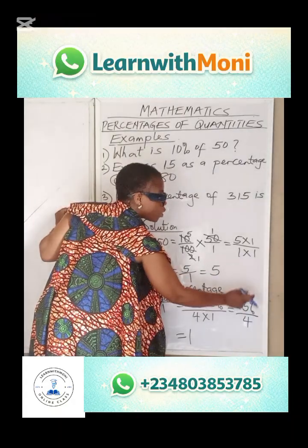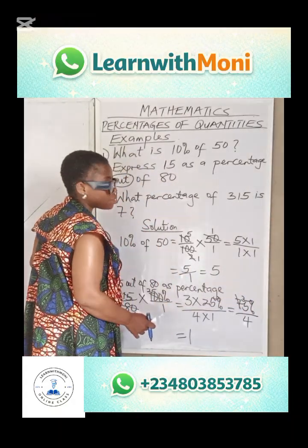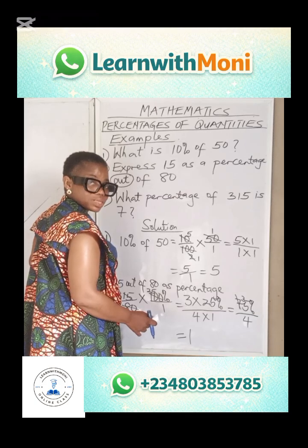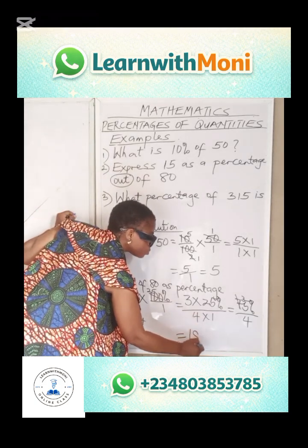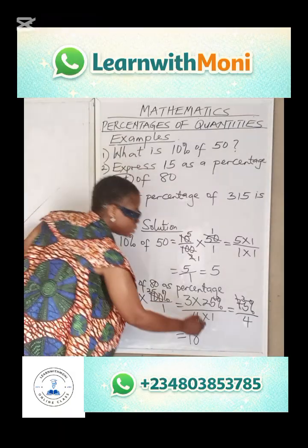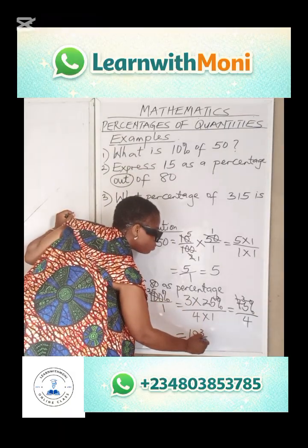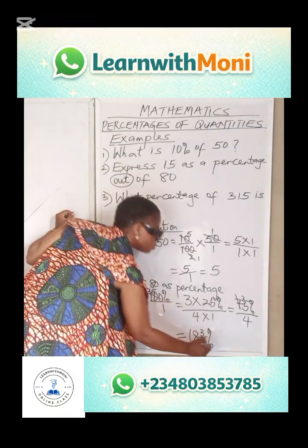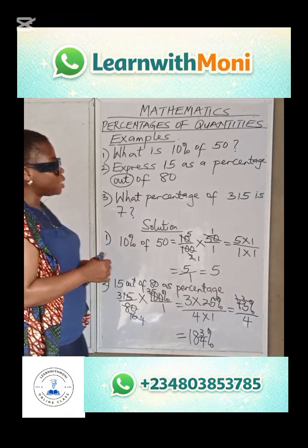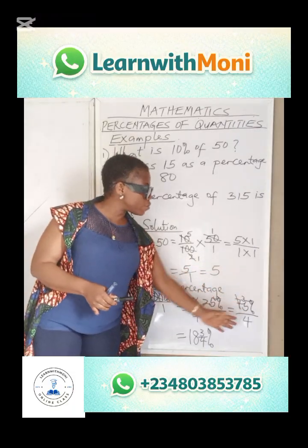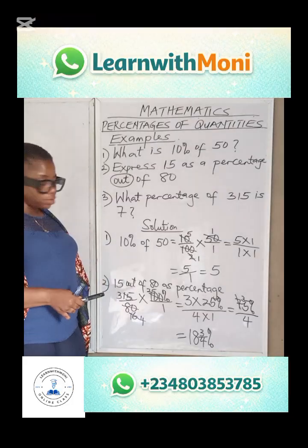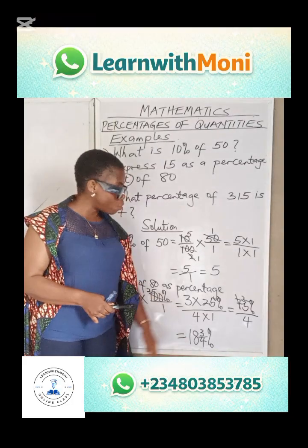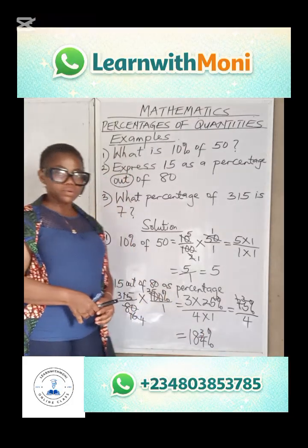How many 4 in 35? That is 8, which is 32. And it will remain 3 over 4%. So you can either leave your answer as 75 over 4%, or you change it into a mixed number, which is 18 wholes 3 over 4%.